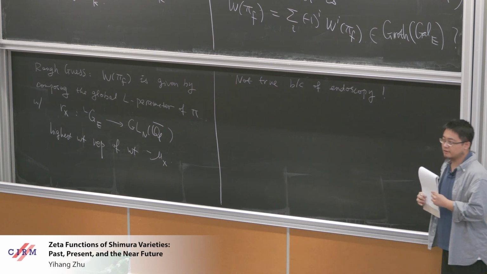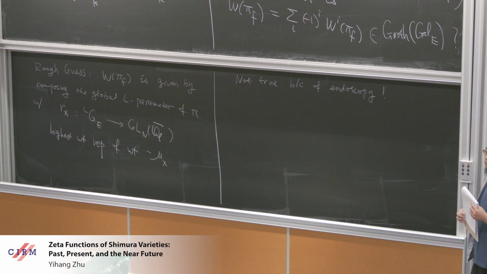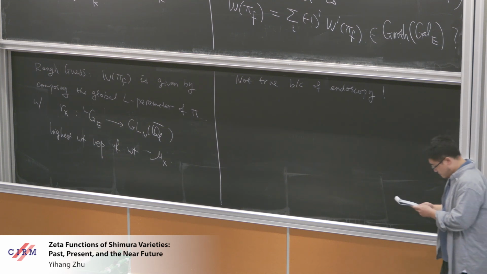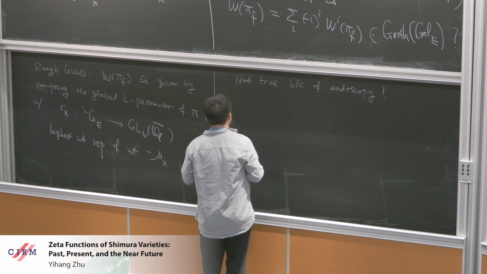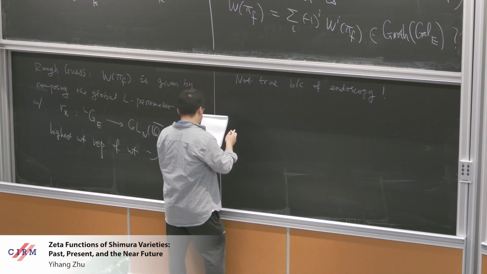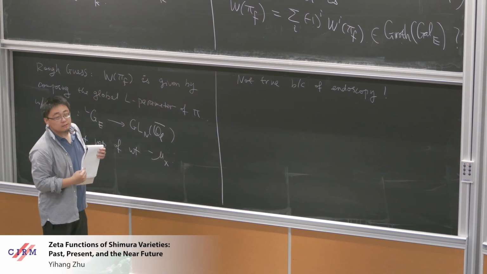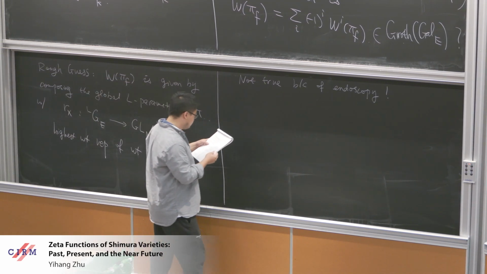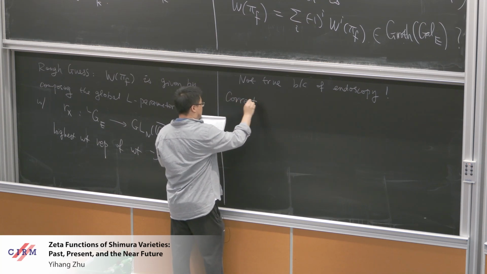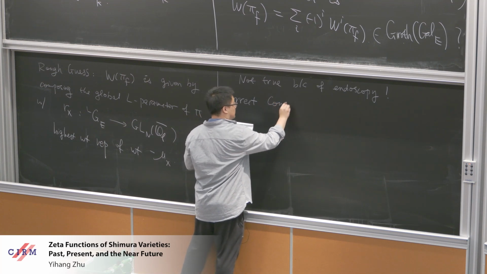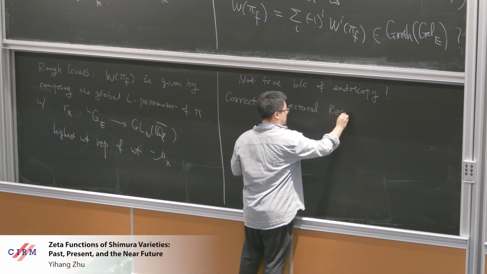Are there any questions so far? Okay, so we need a correction of this rough expectation, where X is the Shimura datum. The correct conjectural recipe to describe this was given by Langlands and Kottwitz.